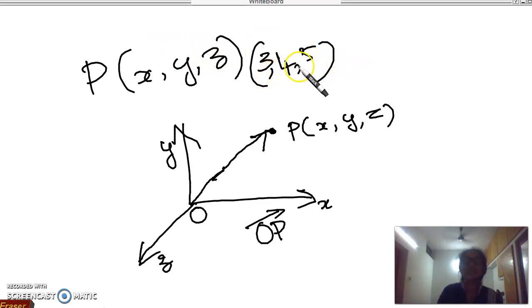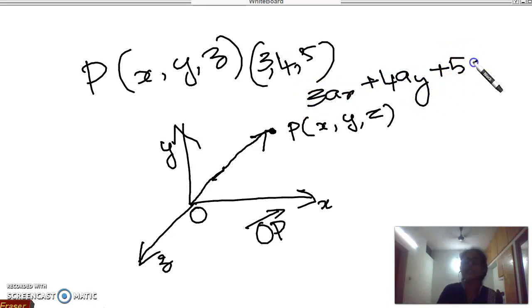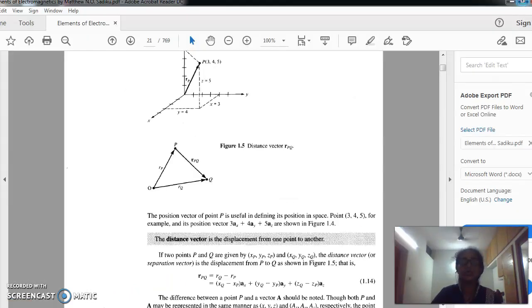If it is like this, then how do we represent the position vector? Complete vector will be 3ax plus 4ay plus 5az. That will be the position vector with respect to center O. Okay, that is what is written here, 3ax plus 4ay plus 5az.